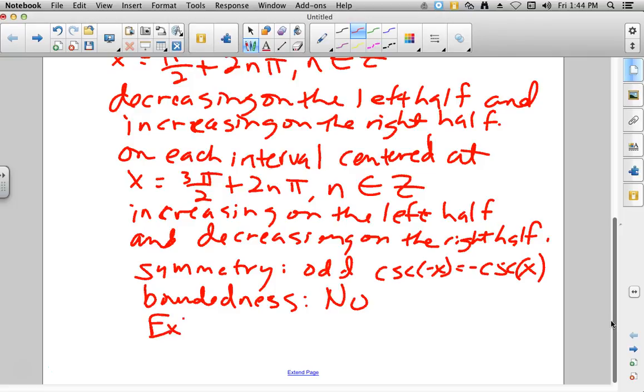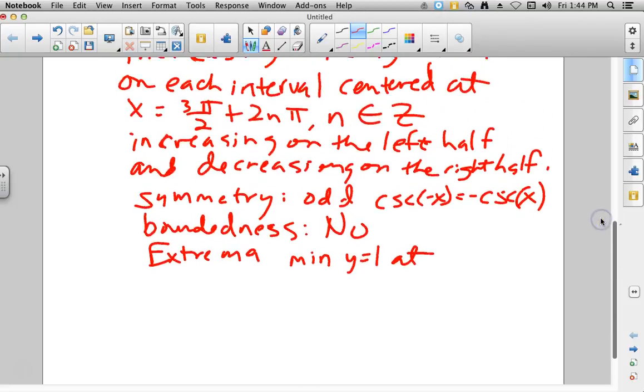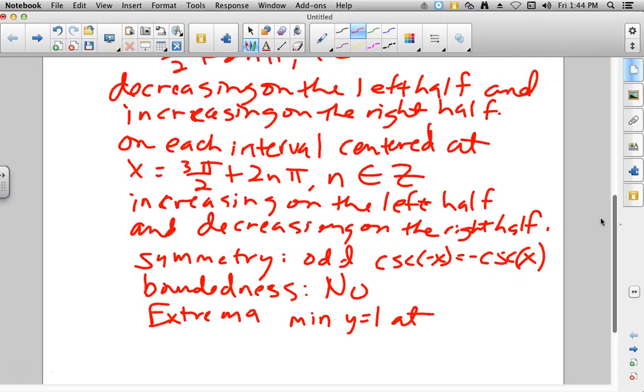So we can just put no, there's no boundedness there. Extrema, yep. On the top half of this graph, we have a lowest point, and that lowest point is 1. So it's a minimum of y equals 1 at. Well, then we need to figure out how are we going to explain where that is. And we actually did that earlier when we were figuring out what we should use for the increasing and decreasing behavior.